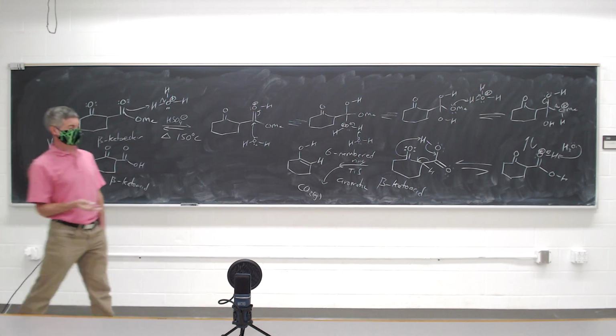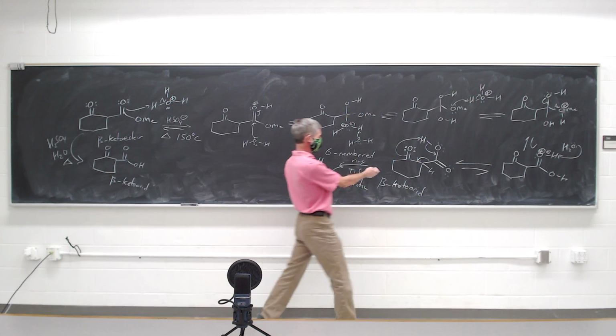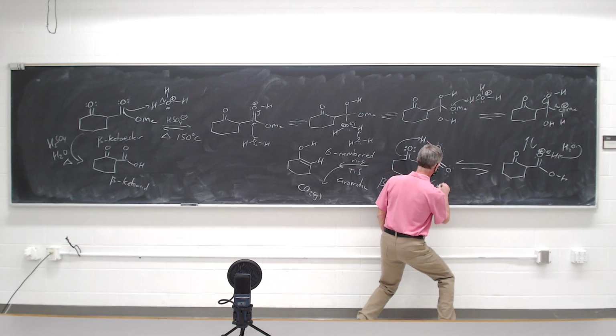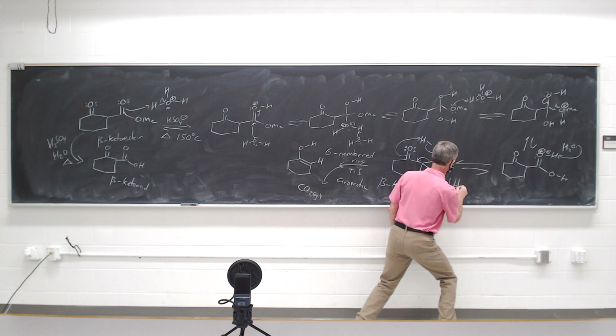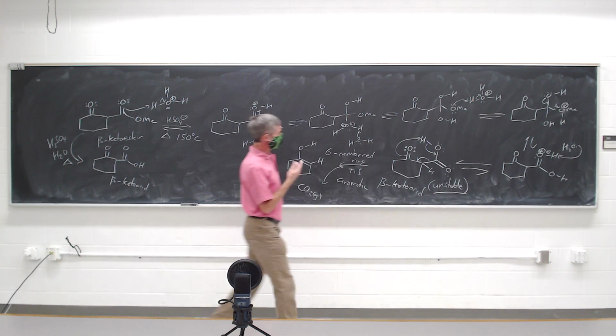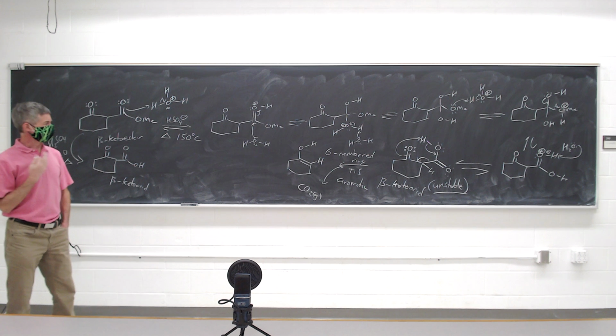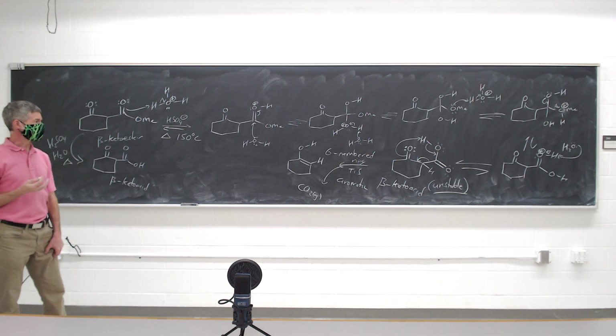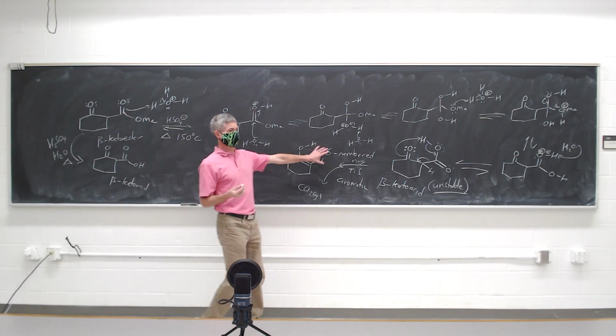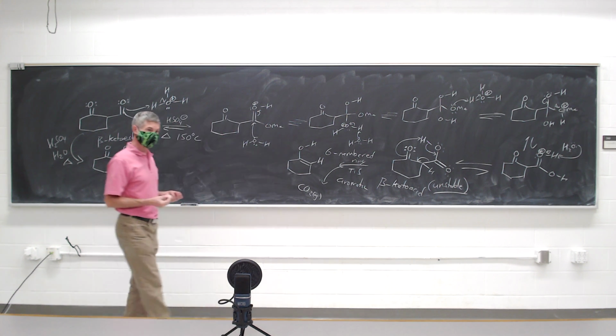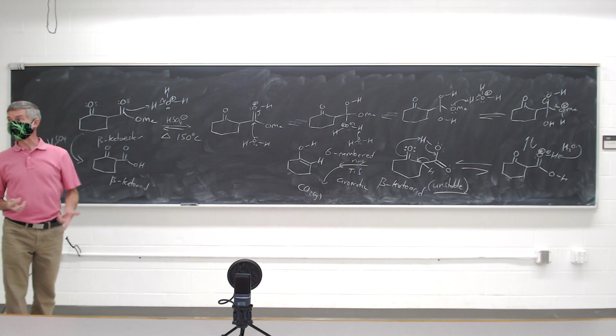So you can't make this stuff if you have heat. Beta-ketoacids are unstable. If you actually want to isolate the beta-ketoacids, you better be really careful. And when you work up this Fischer esterification, you want the acid to be pretty dilute, and you want to not be heated.